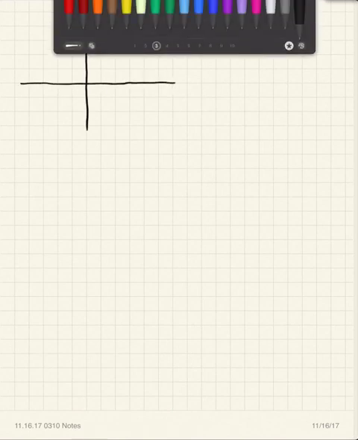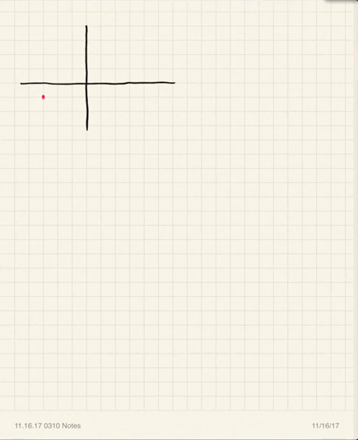So let's look at a graph right here. And so I'm going to make up a graph. And so this graph is simply a set of ordered pairs. Let's see, let's go down like that.